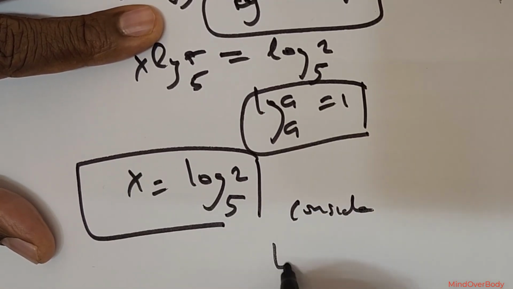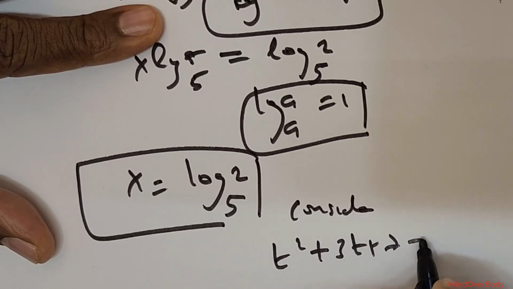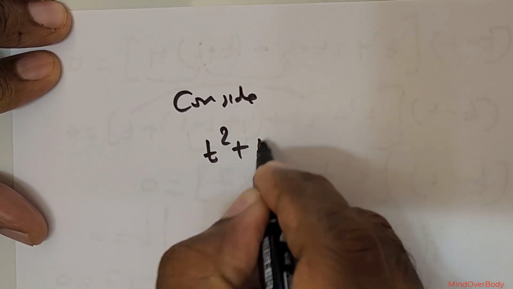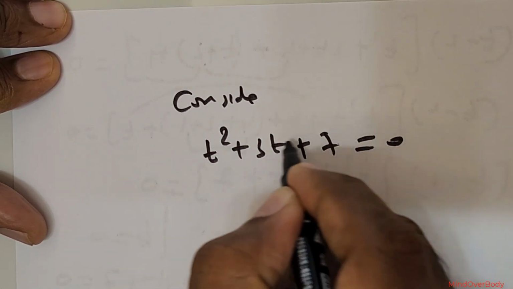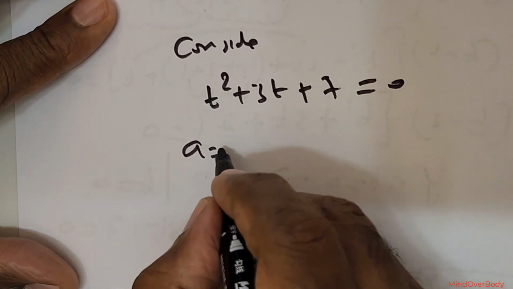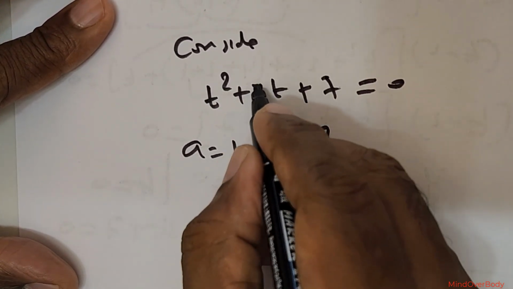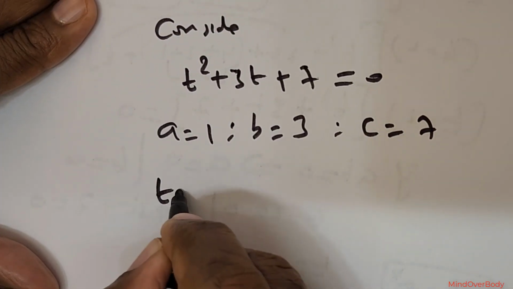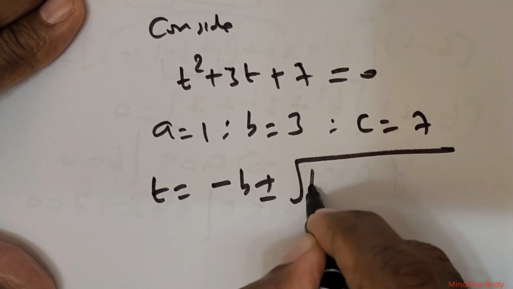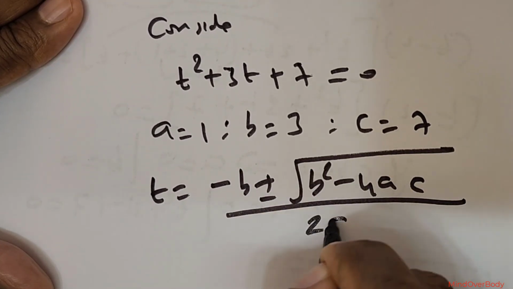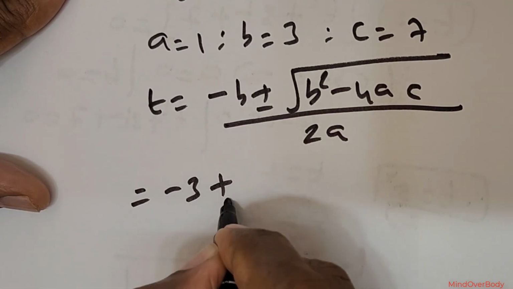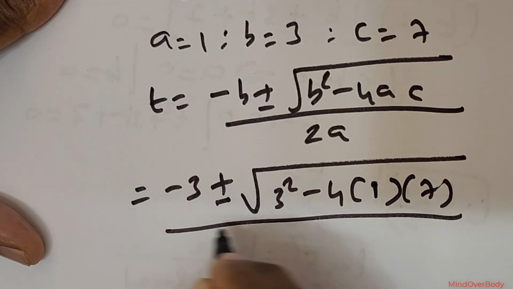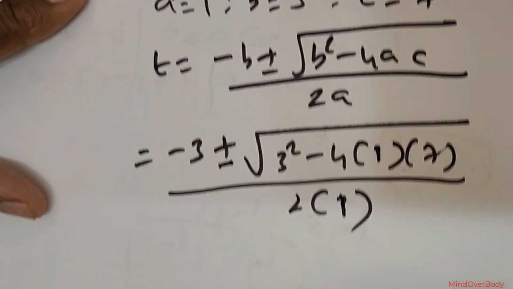Now I'm going to consider t^2 + 3t + 7 = 0. I will use the quadratic formula. a = 1, b = 3, and c = 7. So t = (-b ± √(b^2 - 4ac)) / 2a, which is (-3 ± √(3^2 - 4 × 1 × 7)) / (2 × 1).